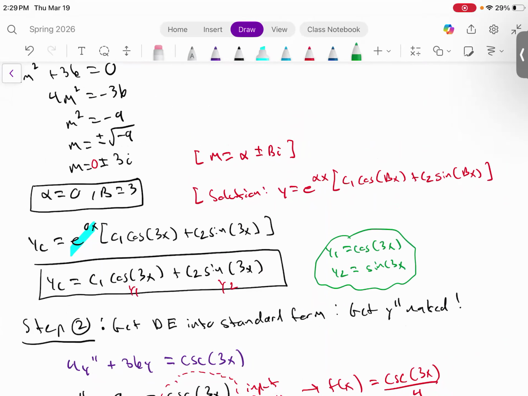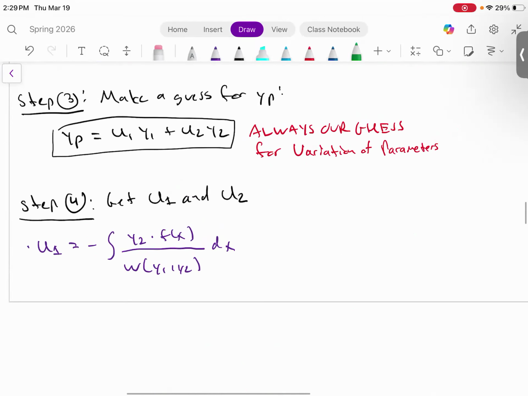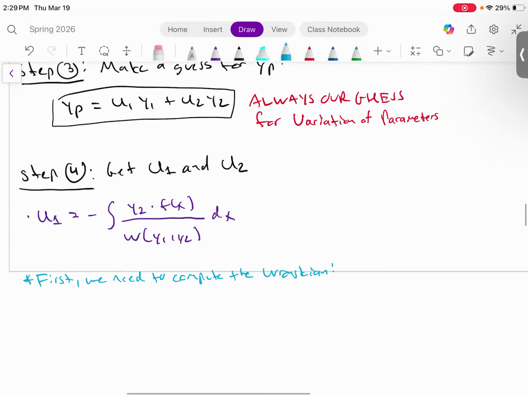So that's where we get our y1 and y2 from. Let's go ahead and use these to get our Wronskian. So first, we need to compute the Wronskian. The Wronskian of y1, y2 would be the determinant.